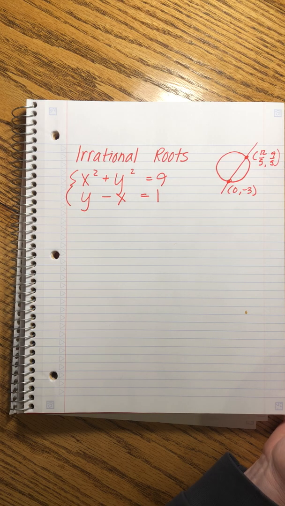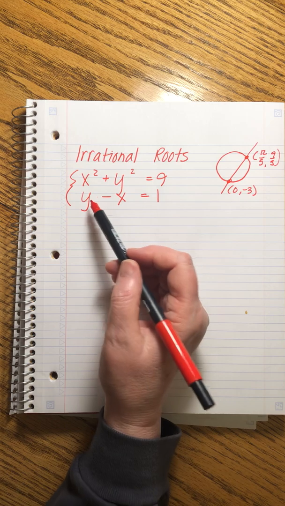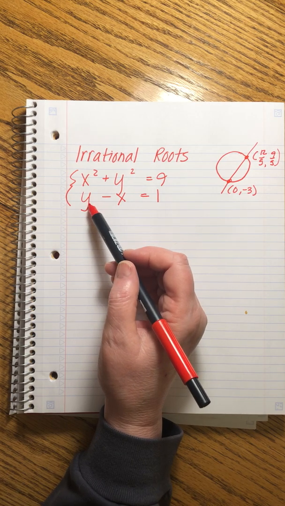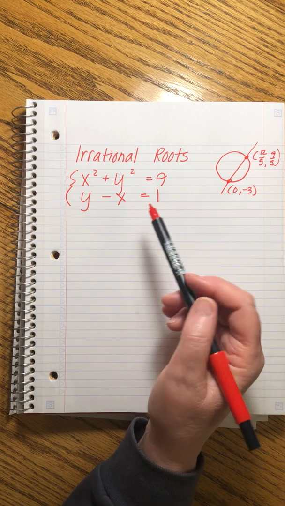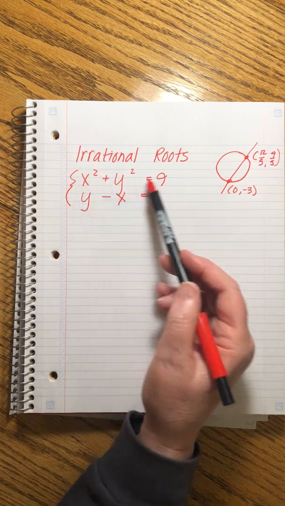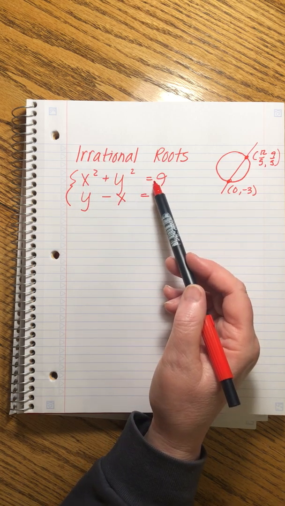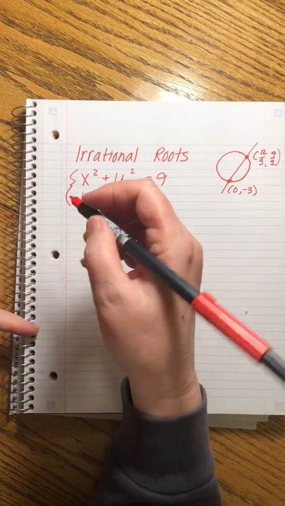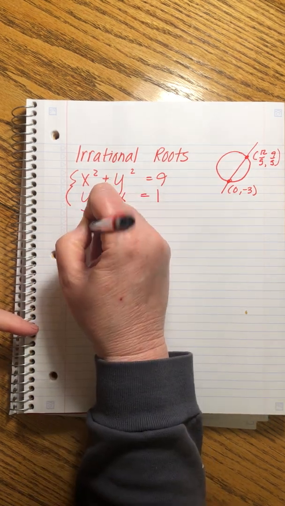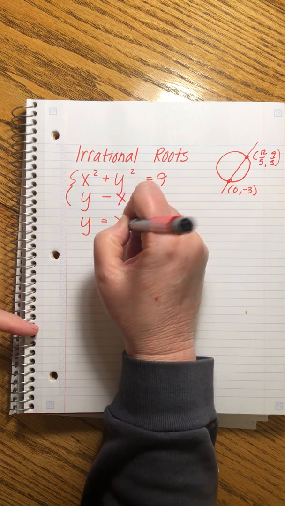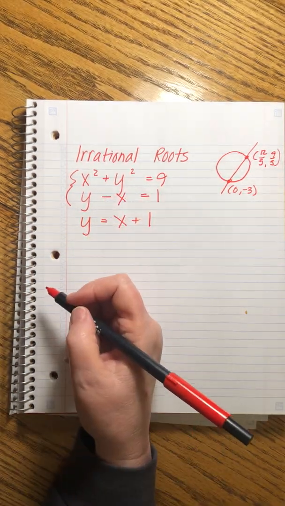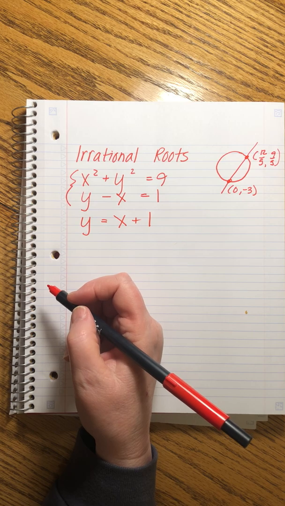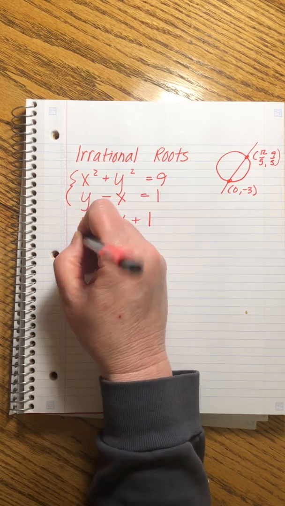we start out the same as we did last time. We take the simpler equation, the line, and we get one of the variables by itself, and then we're going to square it to make it fit into here. So I'm going to take this one, and I'm going to rearrange it so x equals y plus 1, right? Swim that over. And then I would like to square both sides.